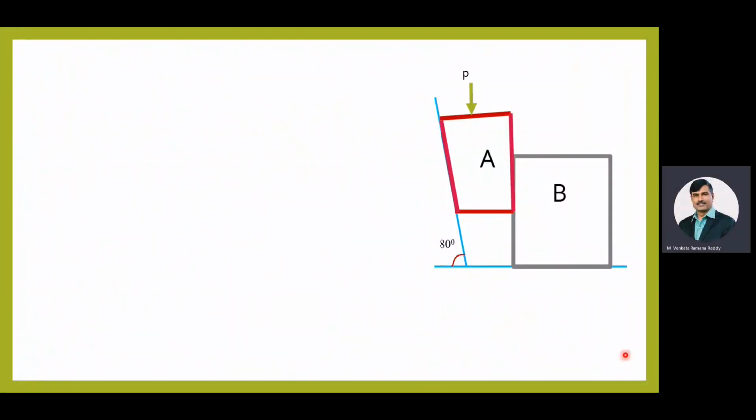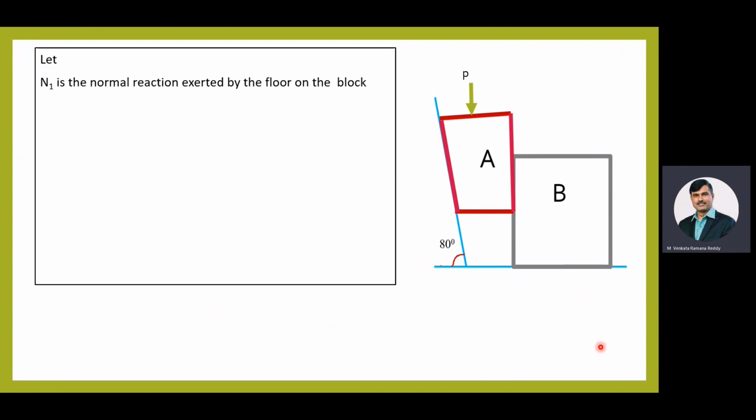Now we will see what are the terms we are using under this solved problem. Here N1 is the normal reaction exerted by the floor on the block. This normal reaction N1 is perpendicular to the base of the block.